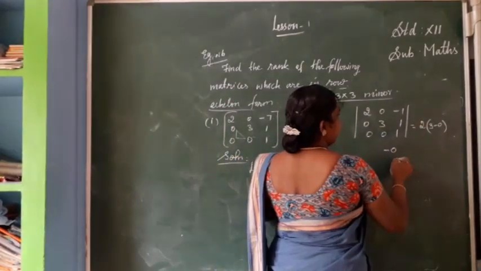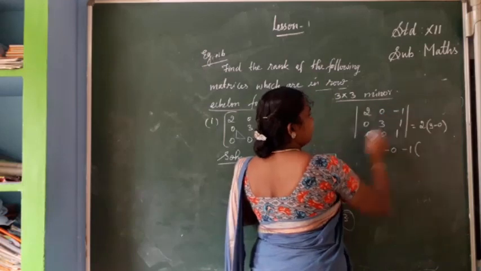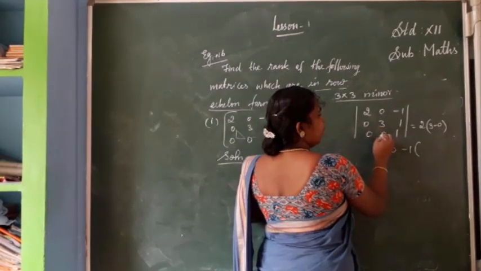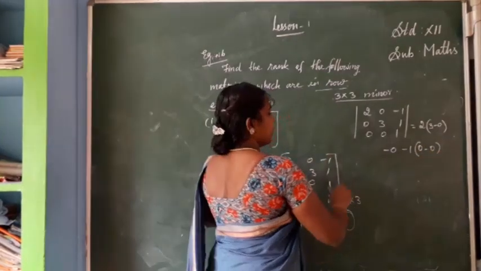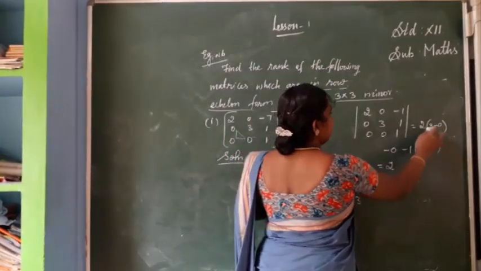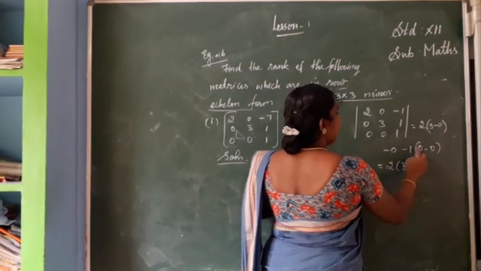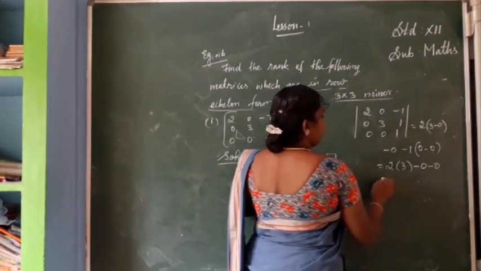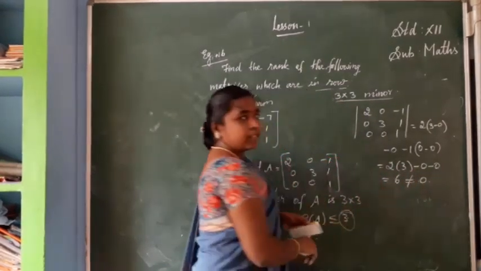The next element is minus 1 into 0 minus 0, 3 into 0 is 0. So 2 into 3 is 6. It is not equal to 0.